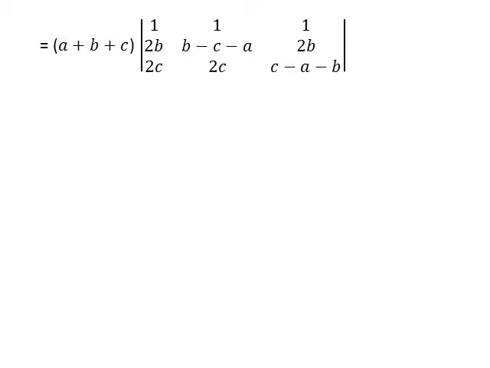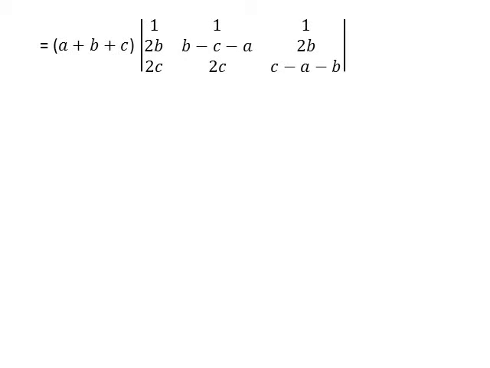multiply with the determinant in which elements of R1 are 1, 1 and 1, elements of R2 are 2b, b minus c minus a and 2b. Elements of R3 are 2c, 2c and c minus a minus b.